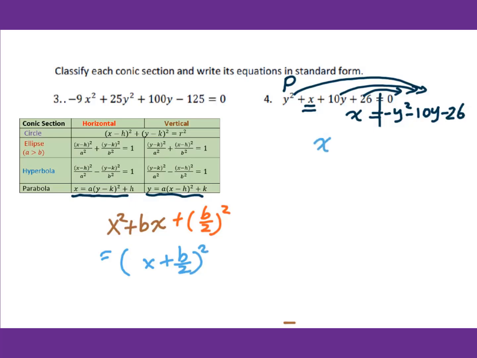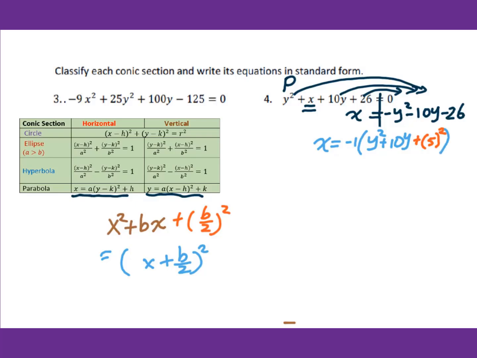Therefore, I will get x equals. Take a negative sign outside, that's negative 1. I got y squared plus 10y, because negative 10 divided by negative 1 is a positive 10. Then you add (b over 2) squared. That is 10 divided by 2, which is 5 squared.